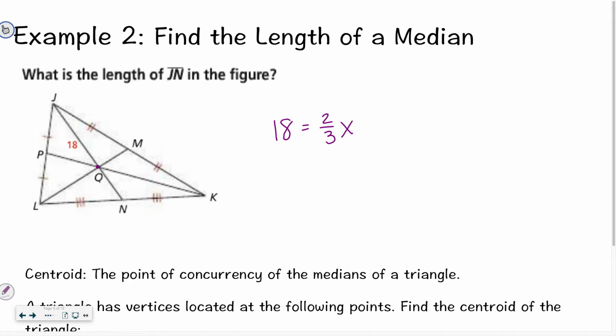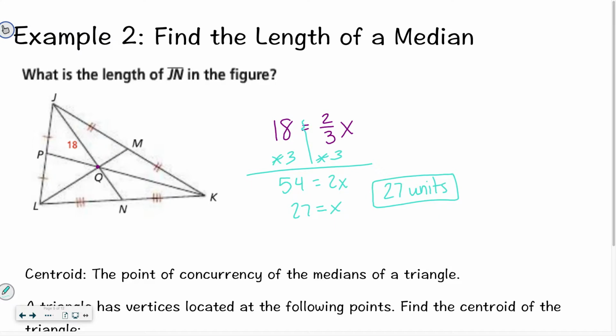I can set up an equation and solve for x. I could start by multiplying both sides by 3, and 18 times 3 would give me 54. And then I could divide both sides by 2, and I'm left with 27 equals x, or 27 units is the whole distance.